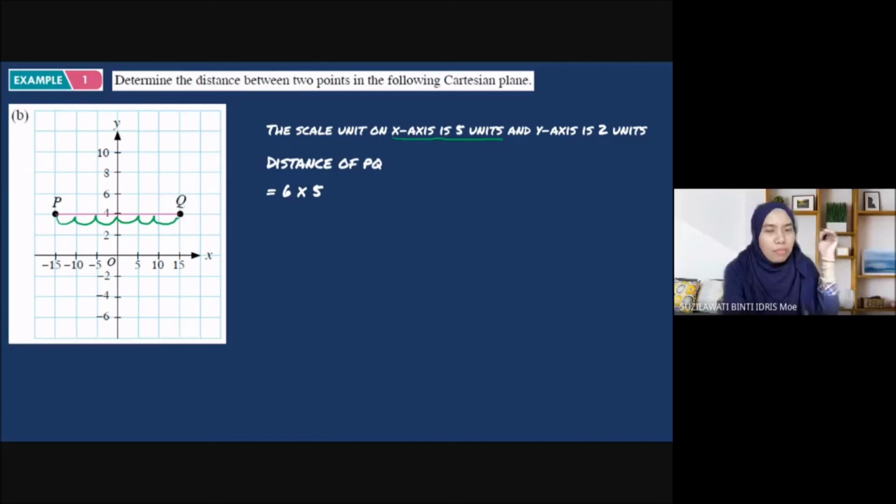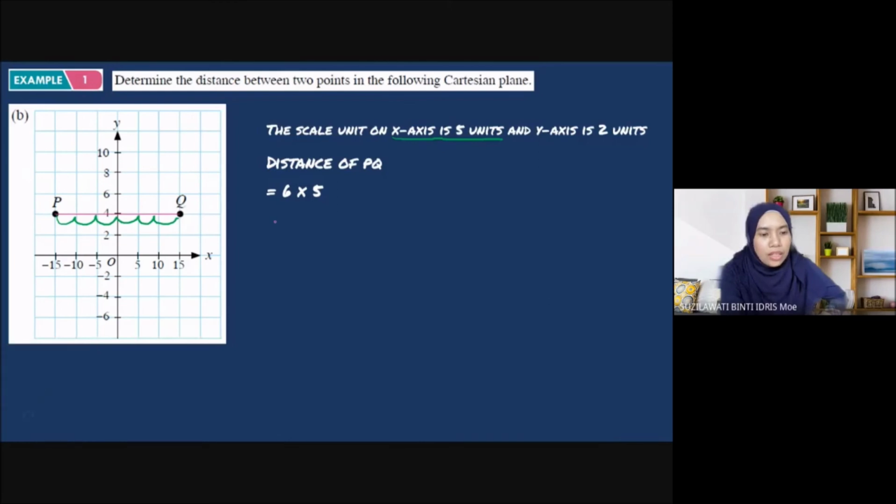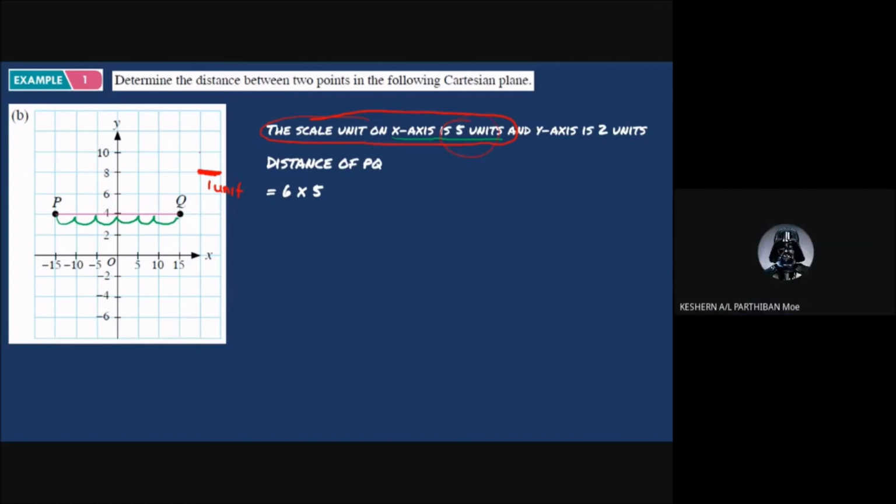Itu kita panggil skala. Dalam question ni dia mention, the scale unit on x-axis is 5 units. Jadi satu unit sini untuk axis x ni ialah 5 unit. Yes, in real. So 1 unit is 5 unit.